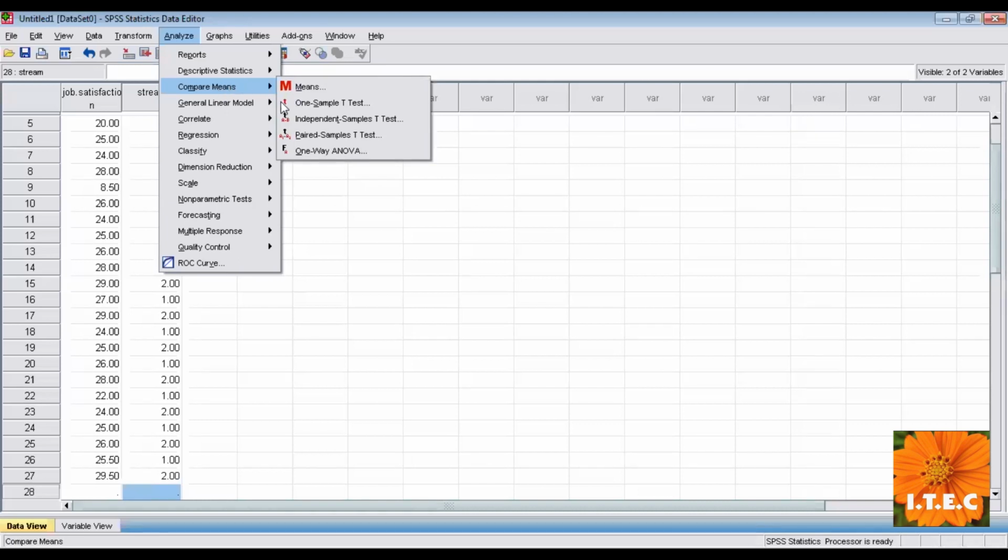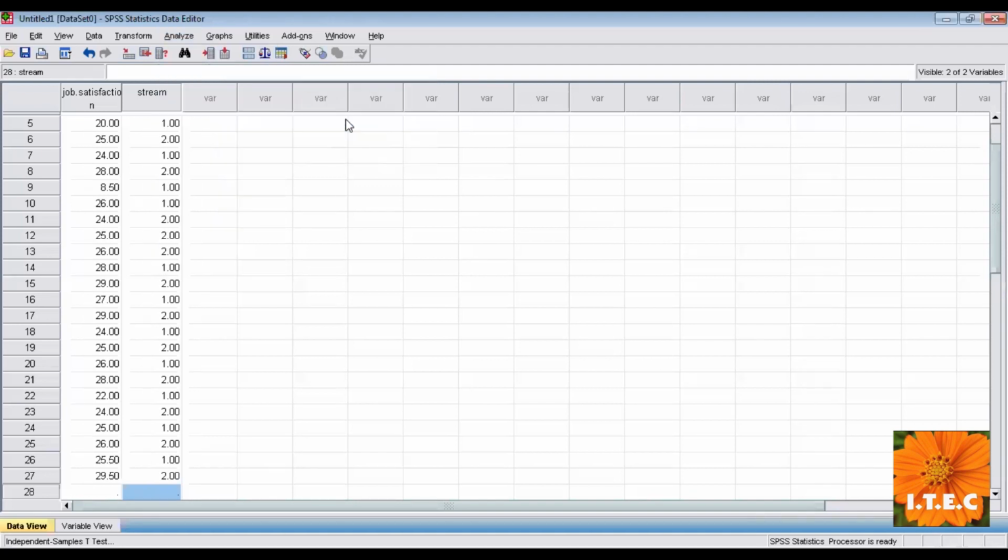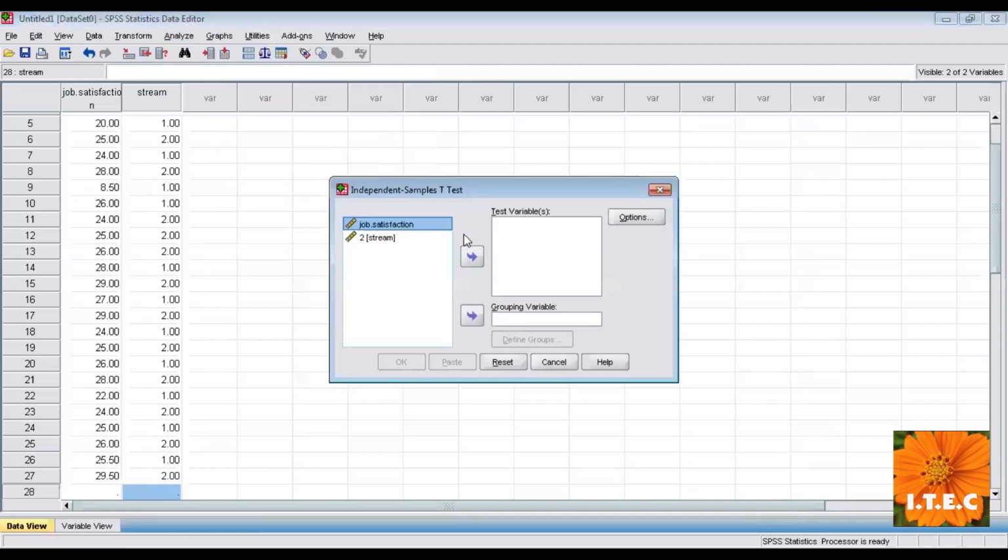In compare means where? Then I should go to independent sample t-test. So I go to independent sample t-test. My test variable is job satisfaction, and grouping variable is stream.